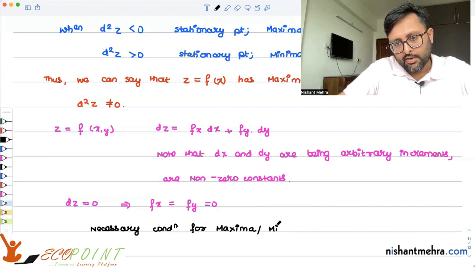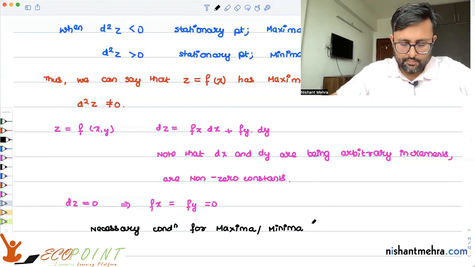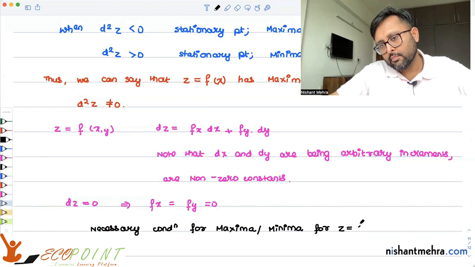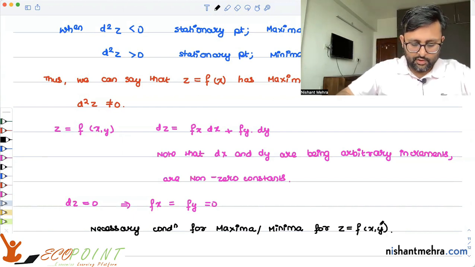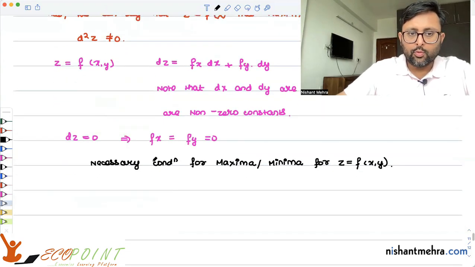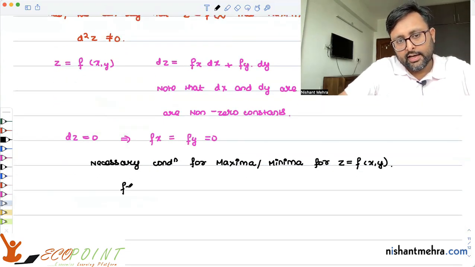Or maxima or minima, z is equal to f(x, y). What is the necessary condition? Either del f by del x is 0 or del f by del y is 0. Right?